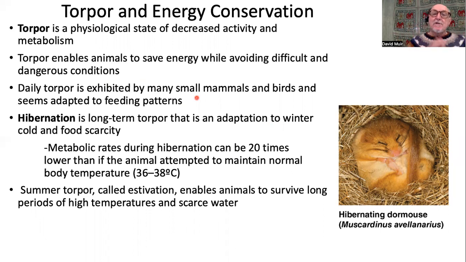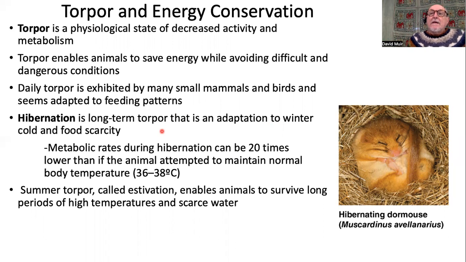When it is in response to temperature, if it extends for a long time, as it does sometimes in desert animals and things like this, we refer to it as estivation. The opposite of estivation is hibernation. Hibernation is also a form of torpor, but it is a response to cold.